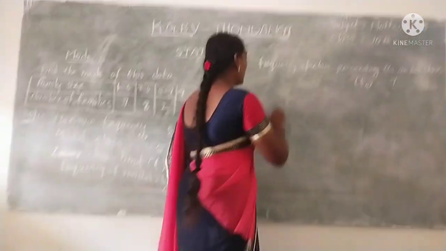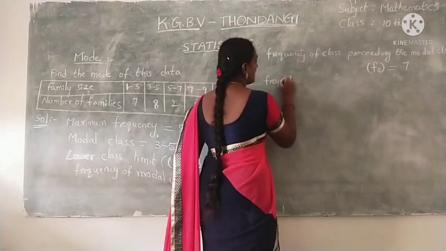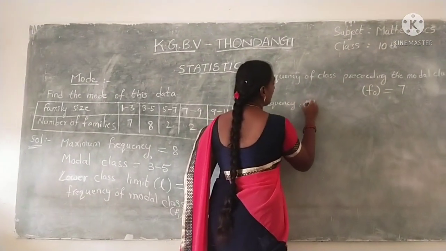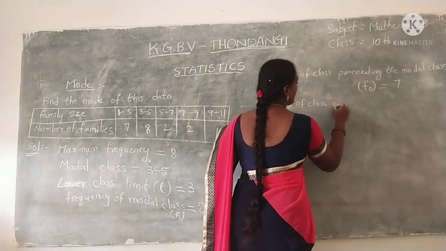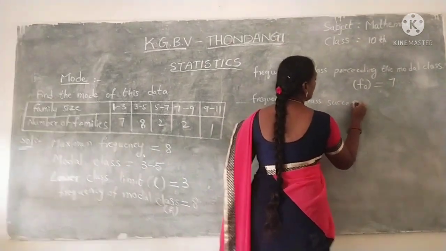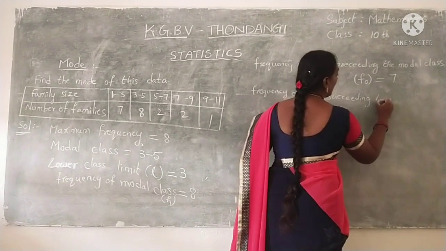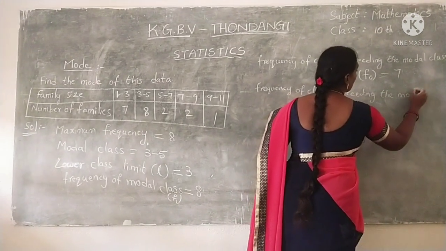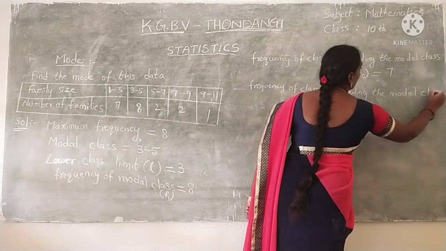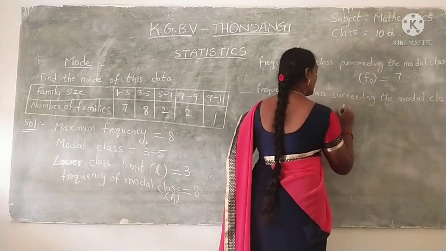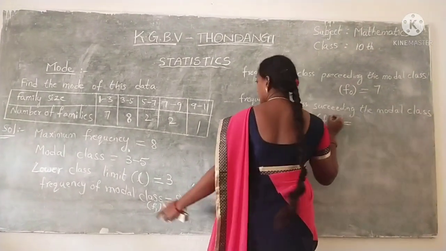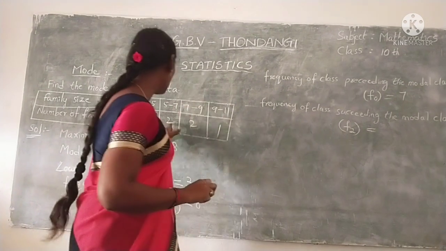Next, F2, the frequency of the class succeeding the modal class. What is the value of F2 here? 2.